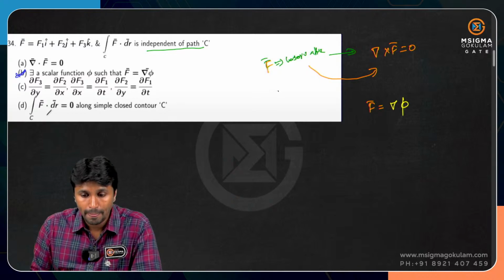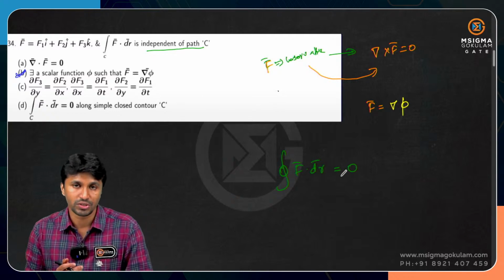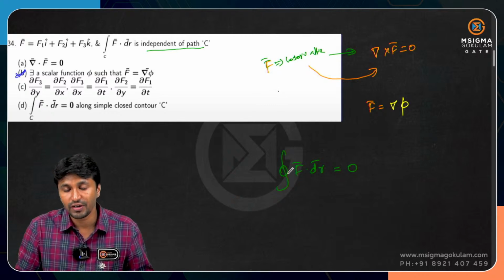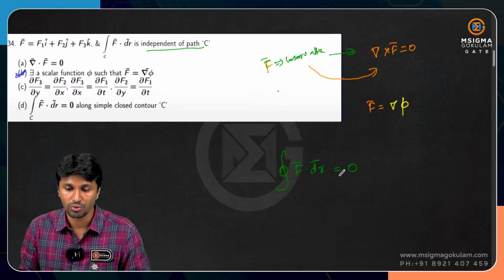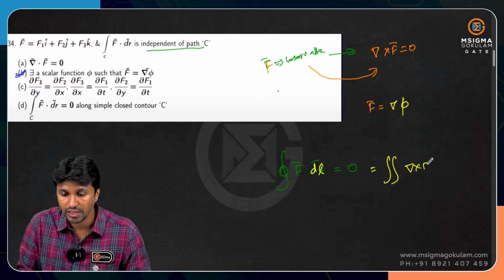Now look at the last option, that is, the closed integral of F bar dot dr bar, which should be equal to 0. In a conservative field, this integral over a closed contour will obviously be equal to 0, because using Stokes theorem, the integral of F bar dot dl is the double integral of del cross F bar dot dS.